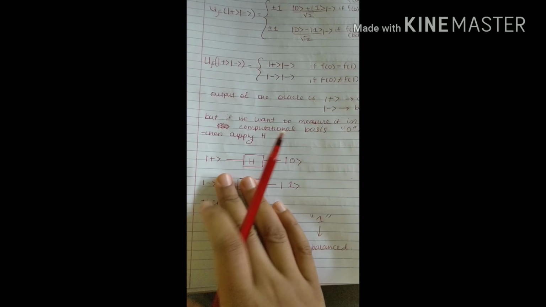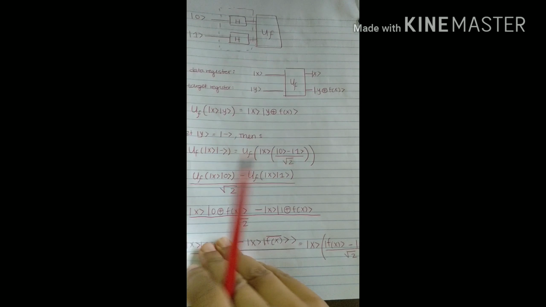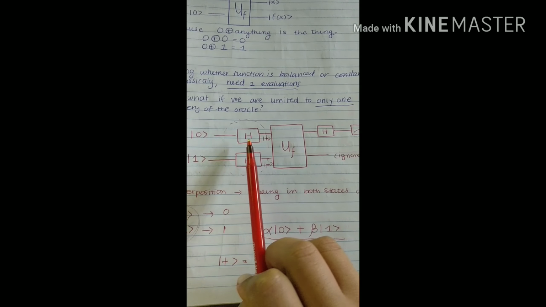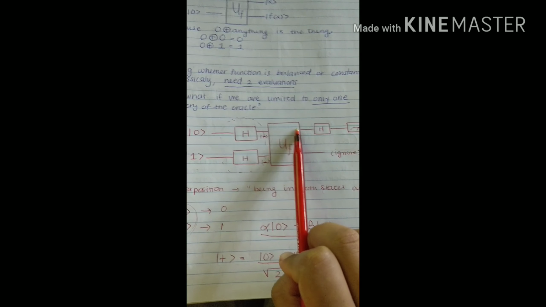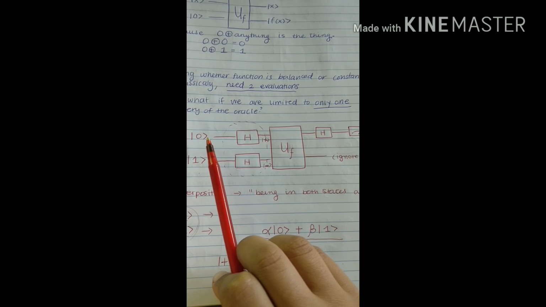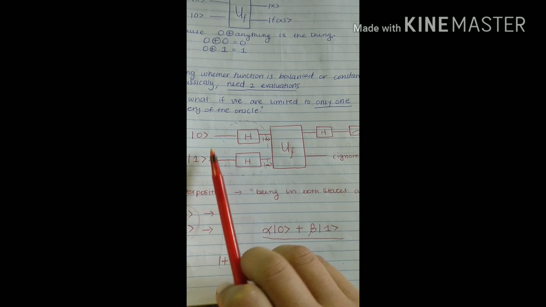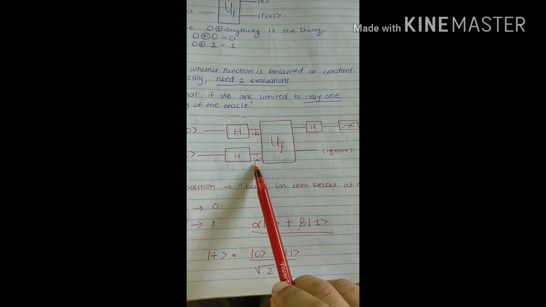And remember that we fed into this, we're feeding 0 and 1, right? And so we're going to apply the Hadamard gate to this top output to get back to either a 0 or a 1. And we just ignore this because we know it's always going to be the negative ket.